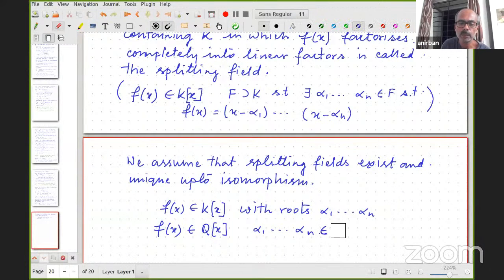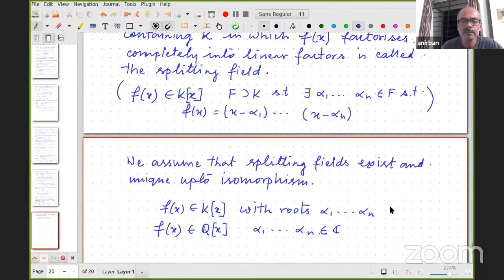So you can completely factorize and get all the roots in complex numbers. So there is some field which contains all the roots. Every polynomial will completely factorize into linear factors over complex numbers, and from that understanding, you can imagine that this generalizes to any field.